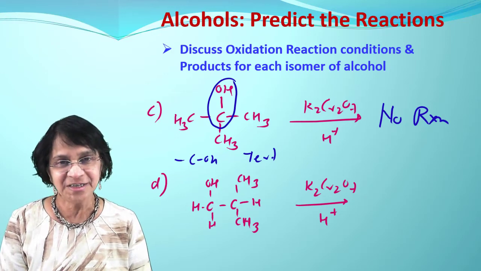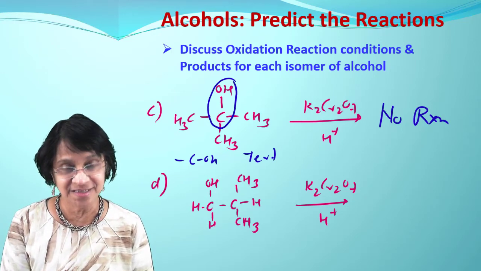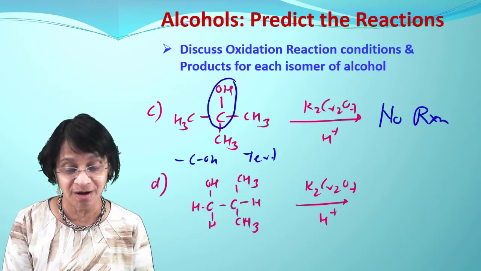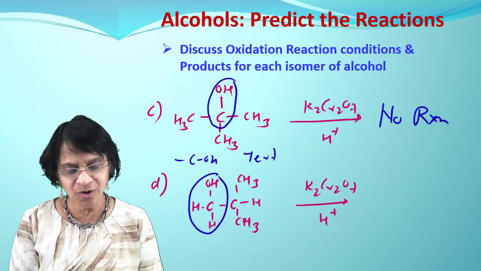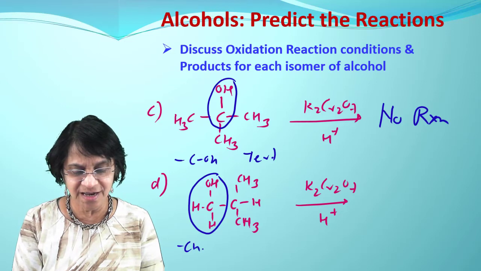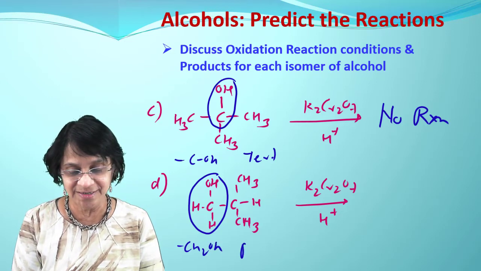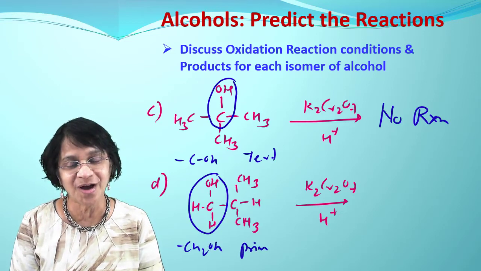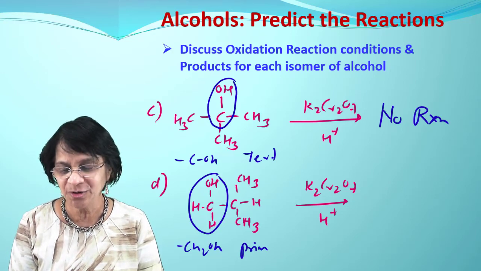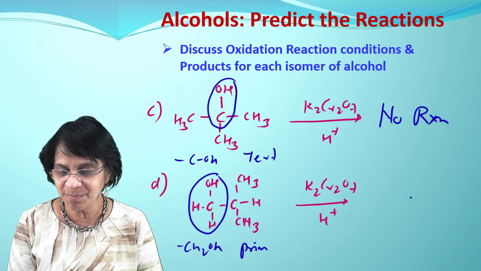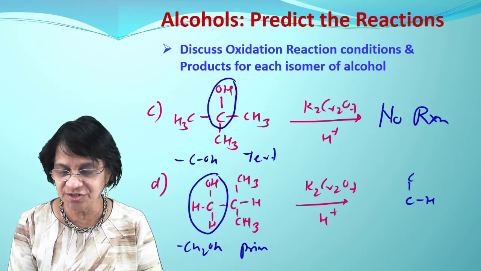And finally, molecule D, the structural isomer of alcohol. If you look at only the alcohol group, it is still CH2OH. That means it will be a primary alcohol. So, as we discussed for molecule A, this is the part which will be changing.